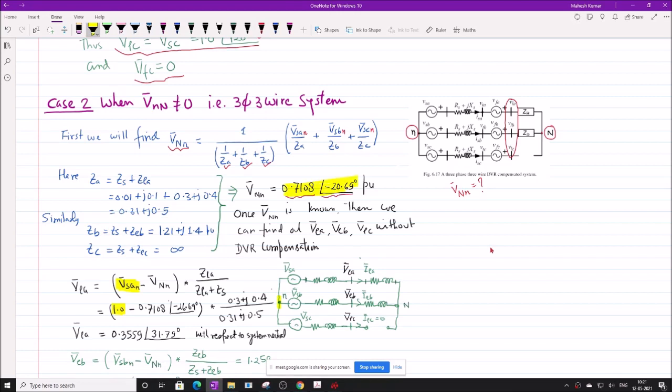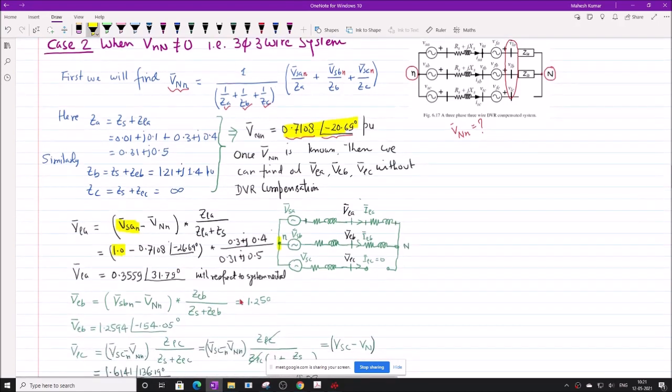Now once this VN'N is known, then we can calculate VLA and the currents in each phase. So VLA will be nothing but VSAN minus VN'N, that is this voltage minus this voltage, and this is the sharing of voltage among the ZLA and ZSA.